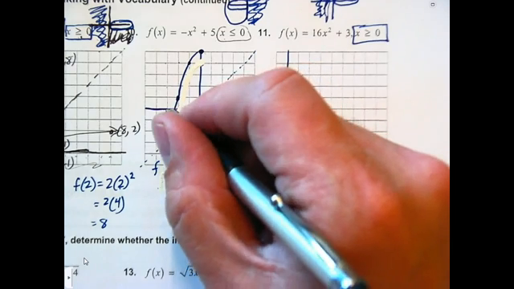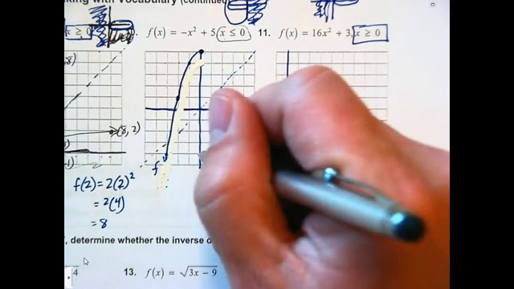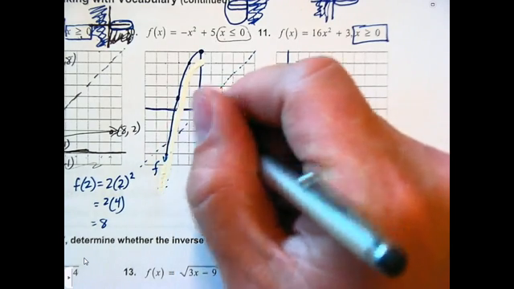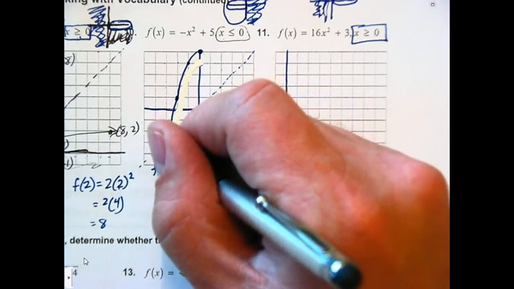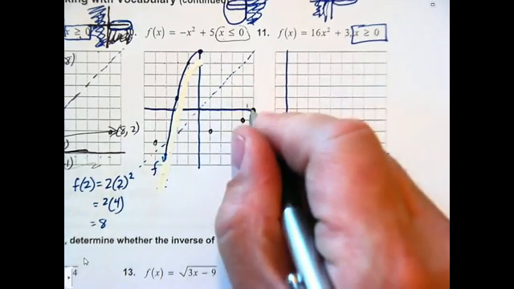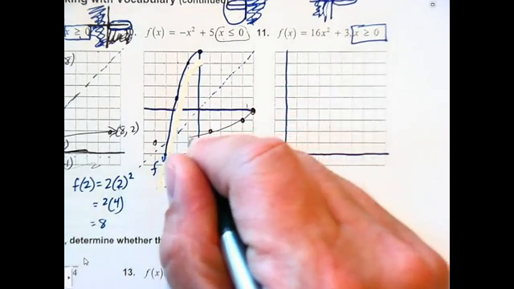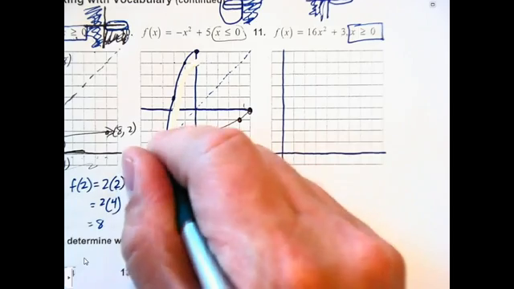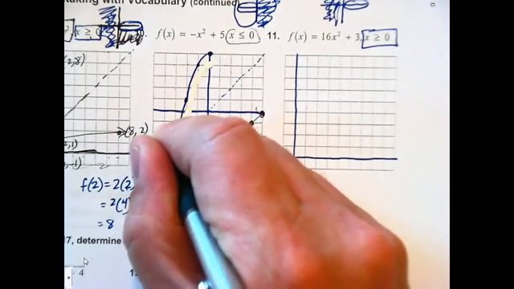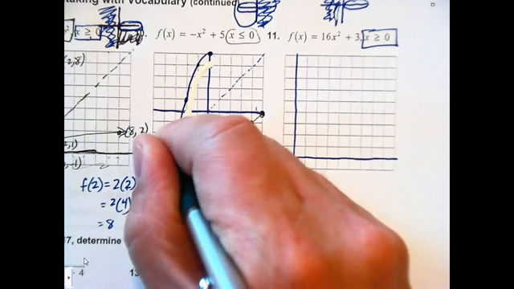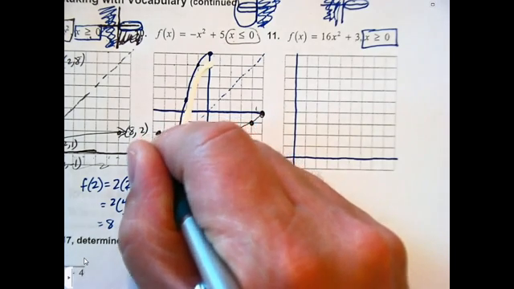This point, it's at negative 3, negative 4, goes to negative 4, negative 3. We'll call that the graph of G.